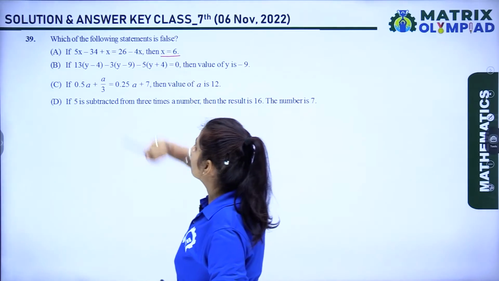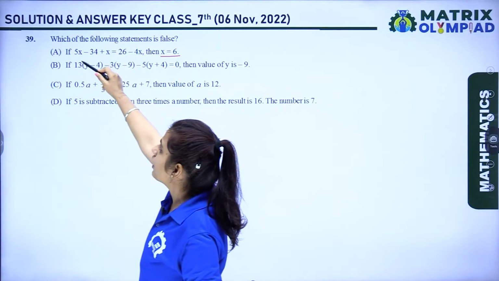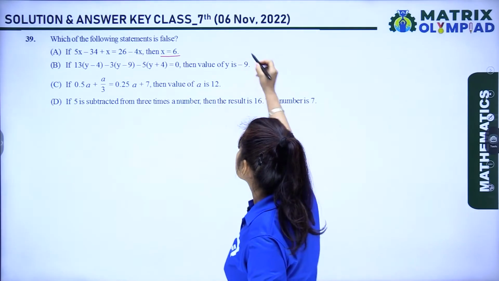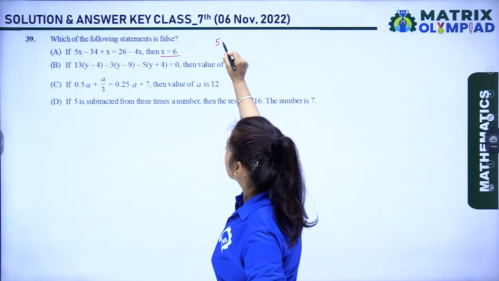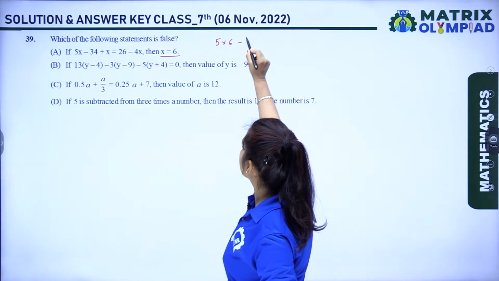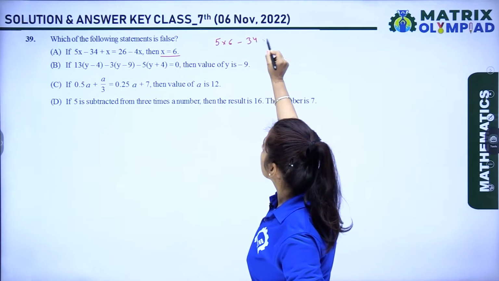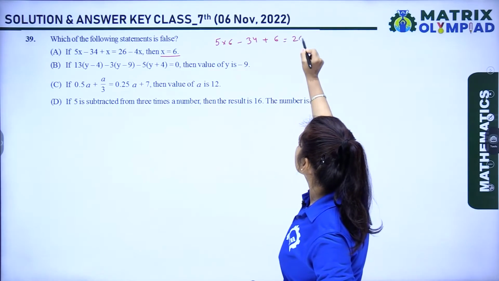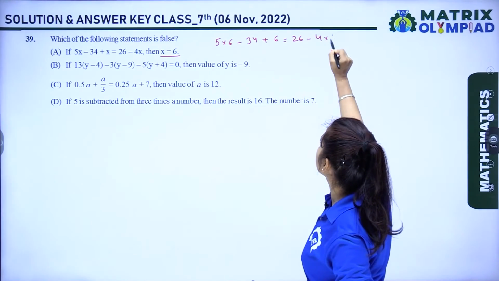Now here we have x equal to 6. Let's put the value of x in the given equation. So here 5 multiplied by 6 minus 34 plus 6 is equal to 26 minus 4 multiplied by 6.